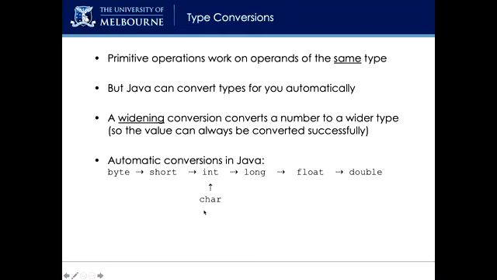Now, if you remember, the type char was a single character from a string, and it's identified by having a single quotation. So that would be converted to an int or a long or a float. It would be back to its primitive type, or it is a primitive type, but it would be converted back to one of the other widening values.